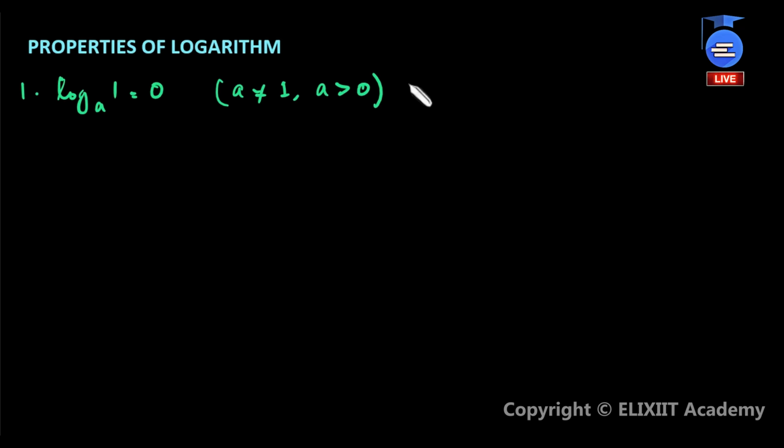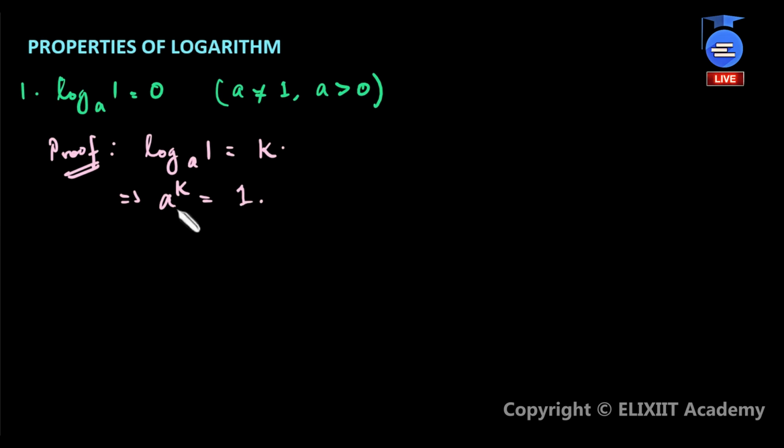How do we prove this? I think you have seen the proof. Suppose log 1 base a is equal to k, any number k if I take. This means a to the power k is equal to 1.